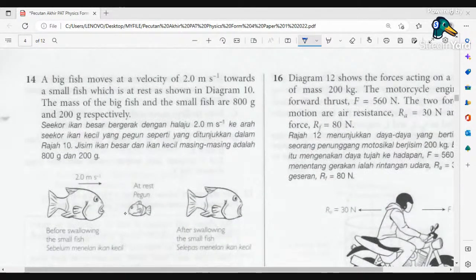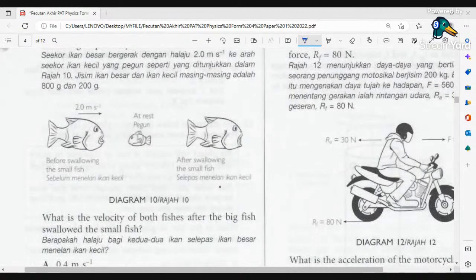This is concept of collision ataupun you dah belajar dalam tajuk momentum, principle of conservation of momentum. This is before, this is after. So this one is based on principle of conservation of momentum, means total momentum before swallowing the small fish equals to total momentum after.